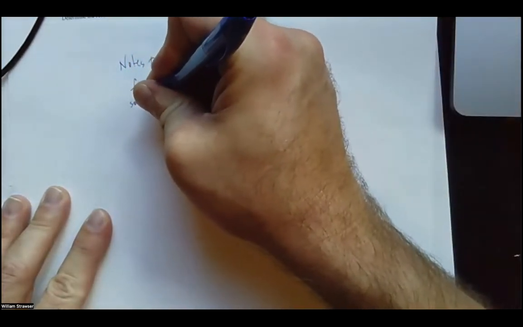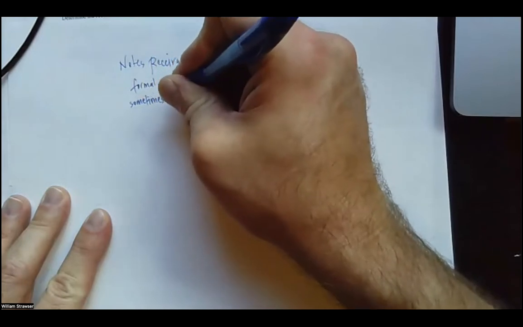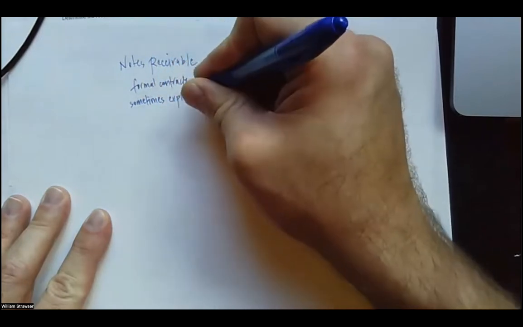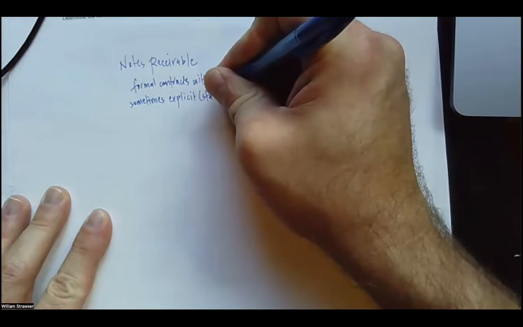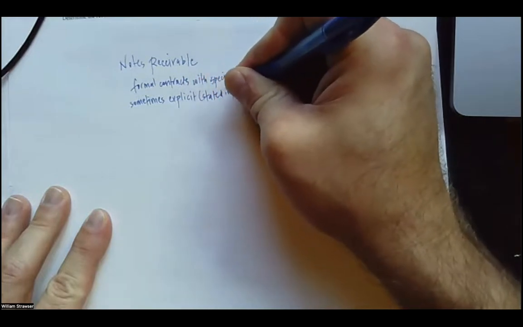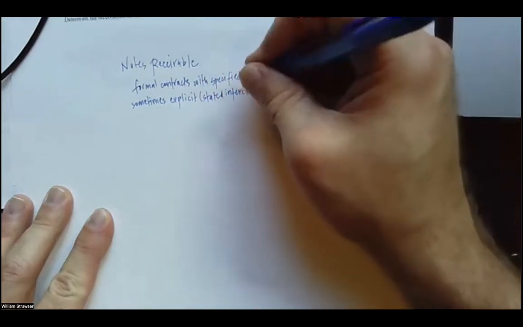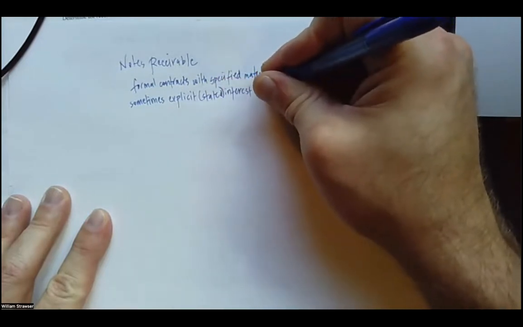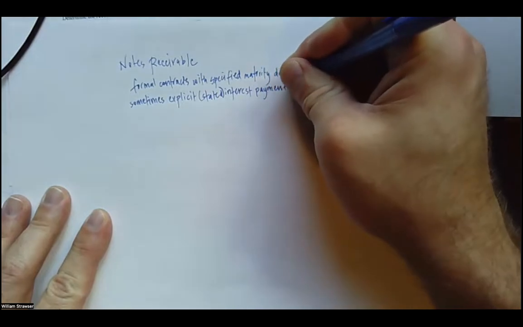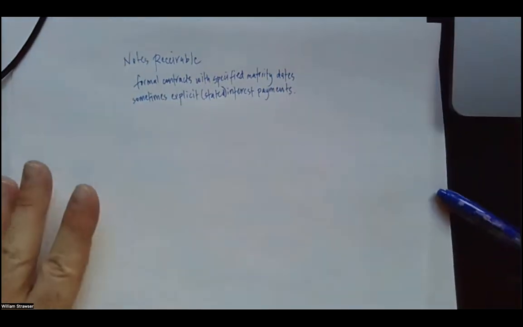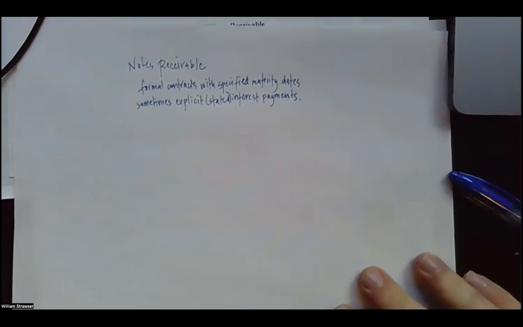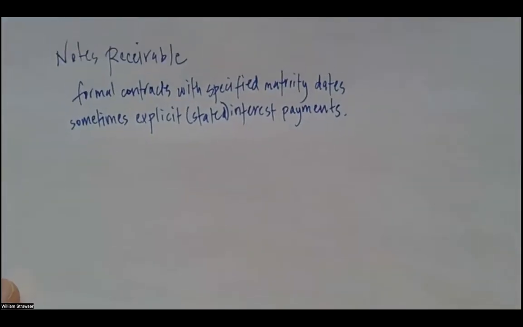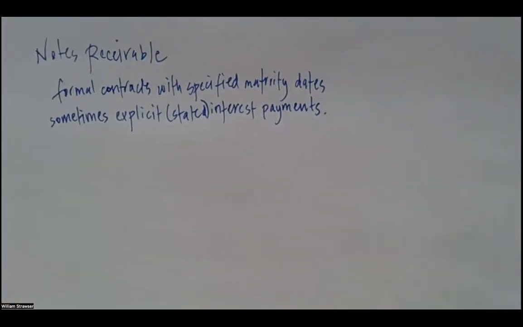Sometimes explicit, or stated, interest. So they say you have to pay semi-annual interest payments. Whereas accounts receivable are those informal agreements we have with certain customers or non-customers in the case of non-trade receivables.